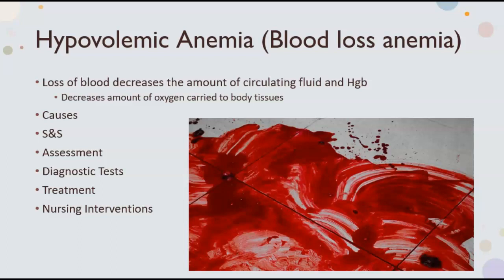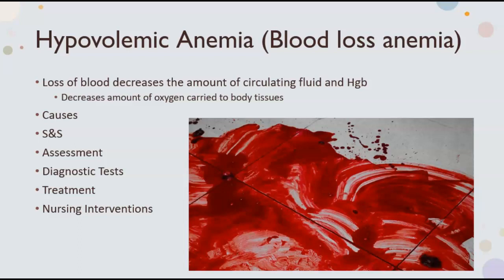There can be restlessness and irritability, a subtle rise in respirations, weakness, stupor, pale, cool, and moist skin, and that's because all of that blood is being shunted away from the periphery to the vital organs, and a rapid, thready pulse.